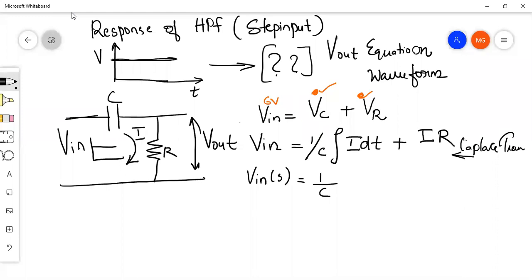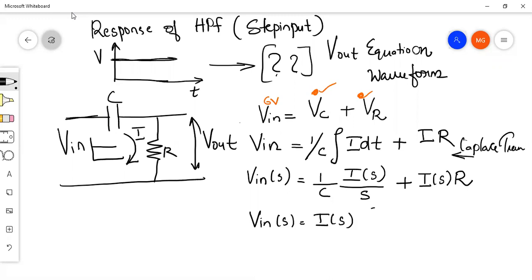I of S by S. Current in the Laplace domain is I of S, and the integral gives 1 by S. Plus again current in the Laplace transform I of S. Resistance is a constant, not time dependent, so this is R. Again I am modifying this equation. V in of S equals I of S, taking it common, into 1 by SC plus R.